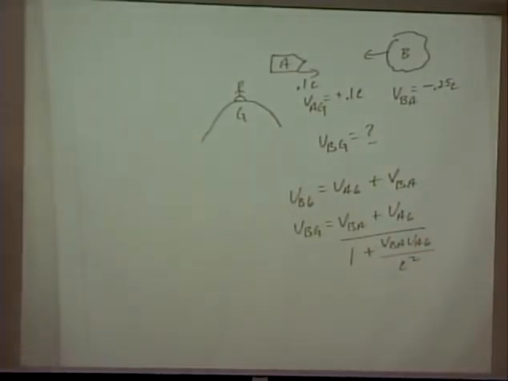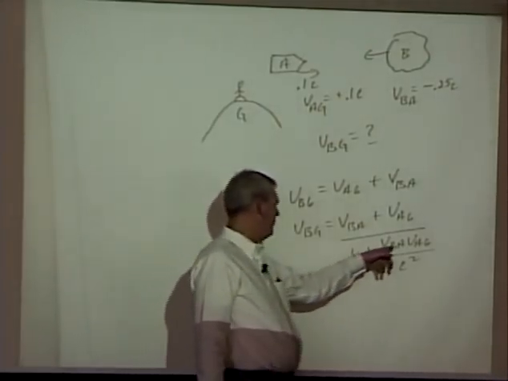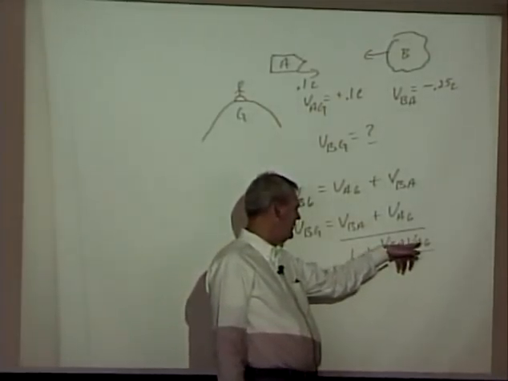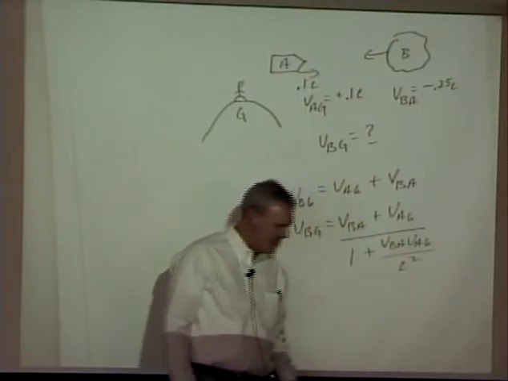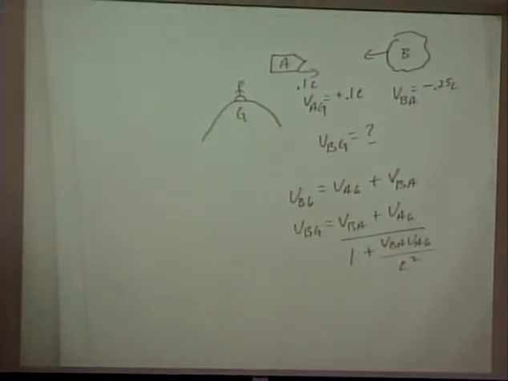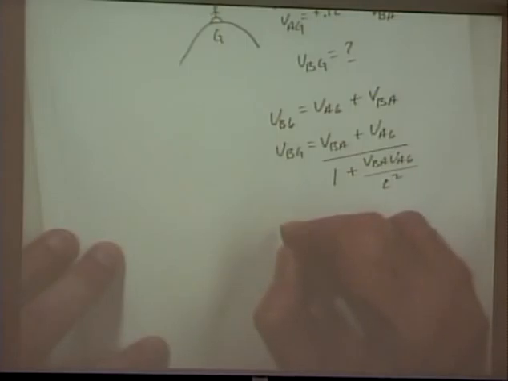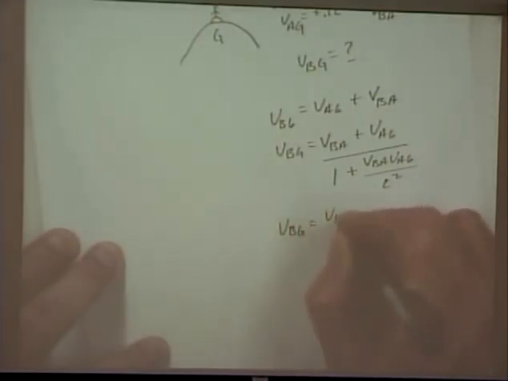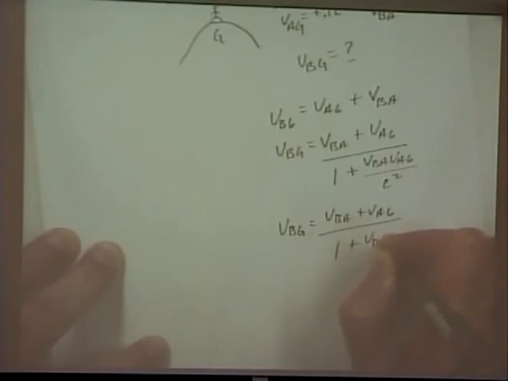Since this is 0.1 c and this is 0.25 c, the c squareds cancel. So it basically boils down to this: velocity of B to G equals V_BA plus V_AG divided by 1 plus V_BA times V_AG.